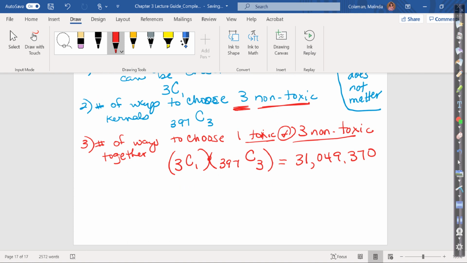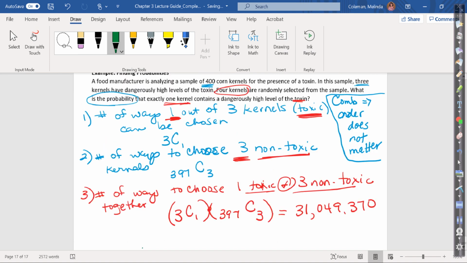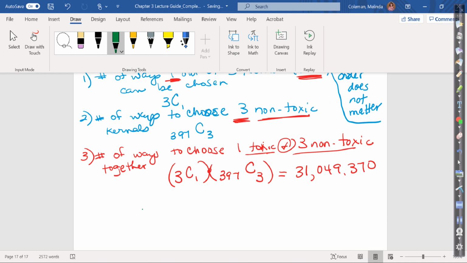Not quite done yet. So number 4, remember, we're still trying to find probability. Now, probability means this is the number of ways to choose the experiment.